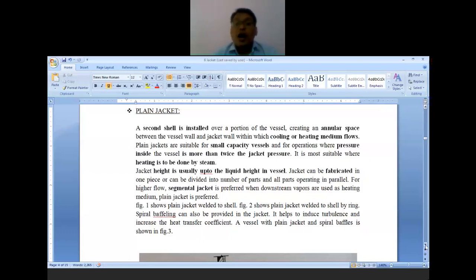Up to that height only the jacket height is provided. Jackets can be fabricated in one piece or can be divided into a number of parts, or certain segments or baffles can be provided.